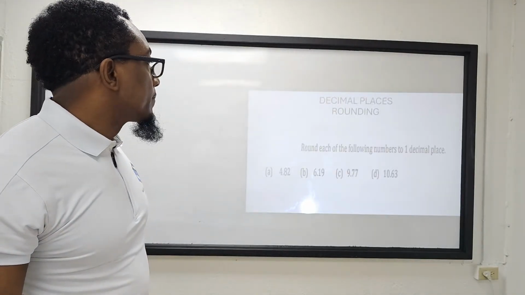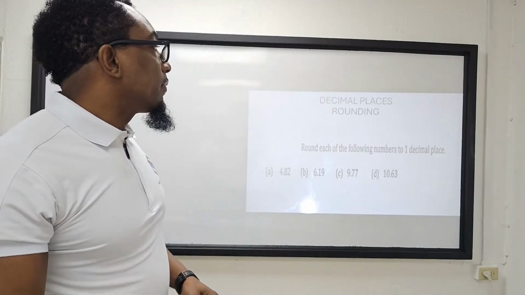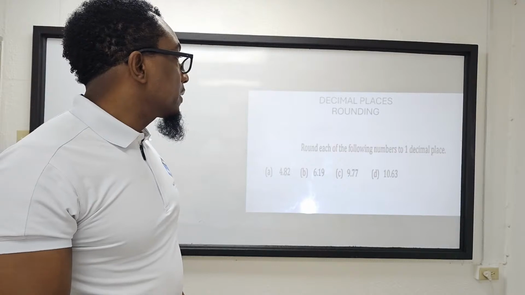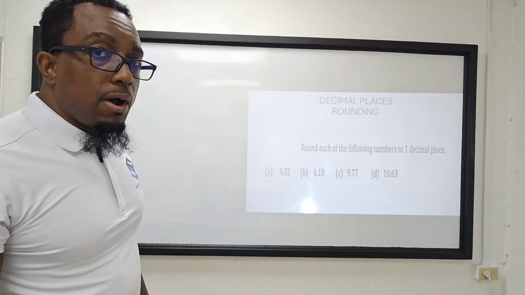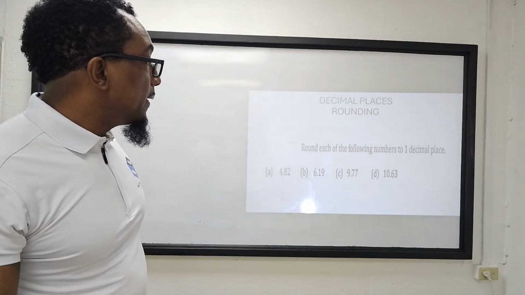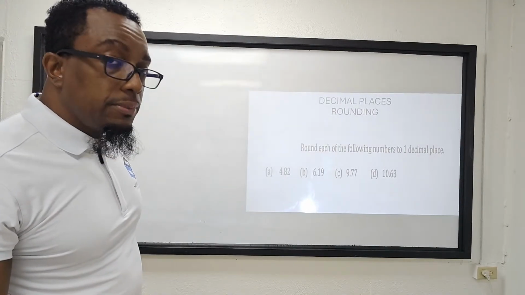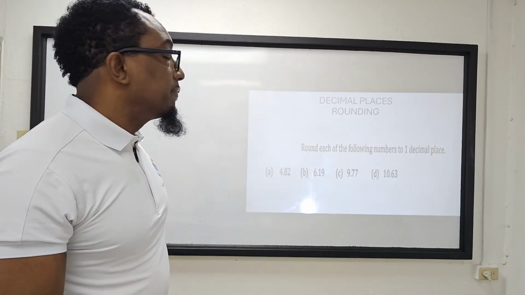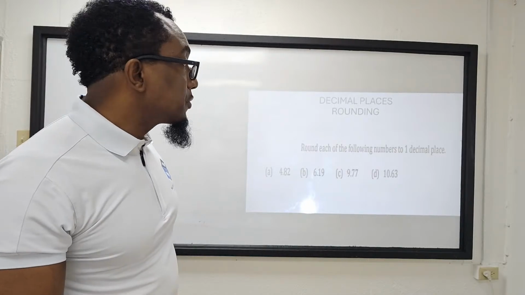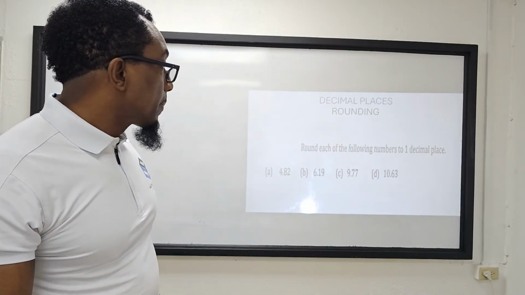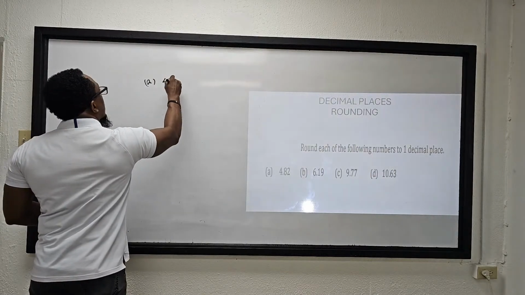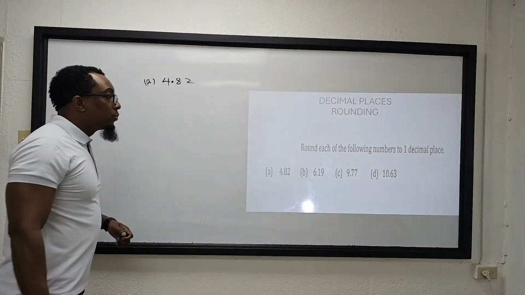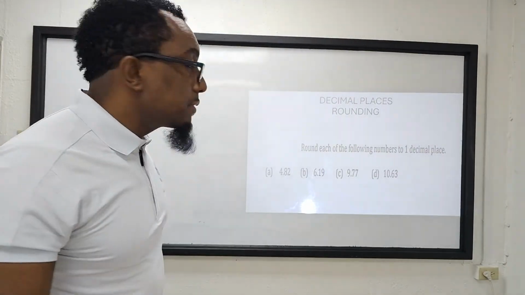So we're rounding. We want to round each of the following numbers correct to one decimal place. I'm not doing all, I'm just picking one. If you have to round correct to a number of decimal places, we must count from that first digit after the decimal point. So if you have A, round 4.82 correct to one decimal place.